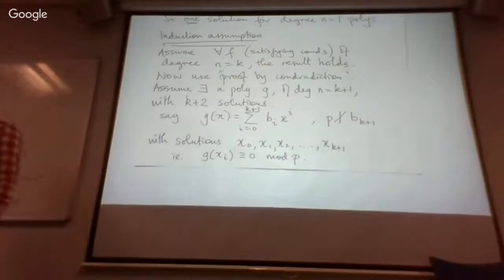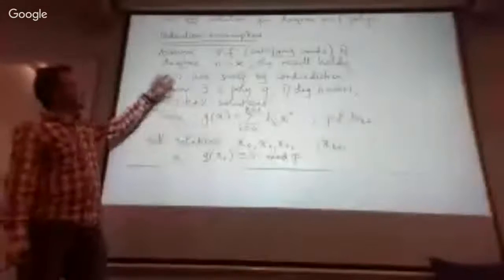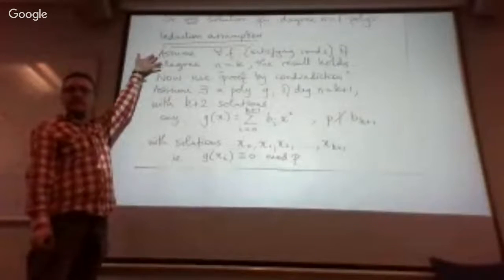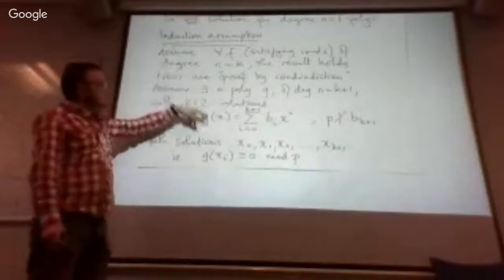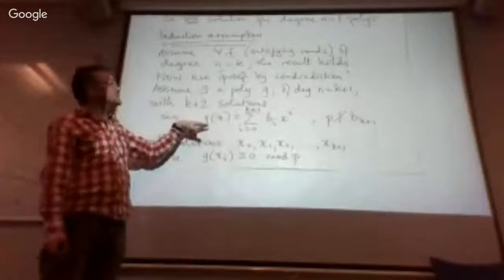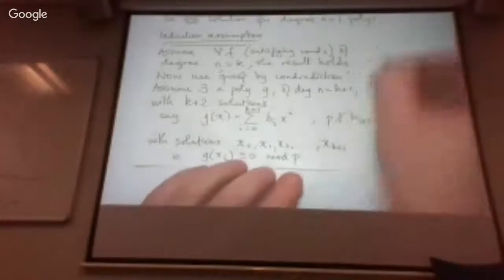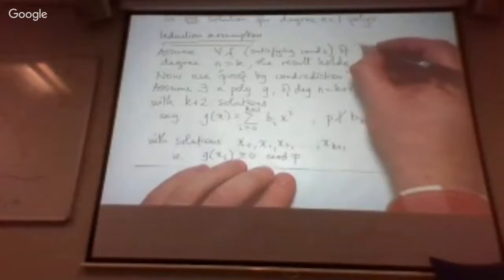Now what are we going to contradict? Where are we going to find our contradiction? Well, the place to find it is against this induction assumption we just made. We're going to prove that this g contradicts that. The structure of this proof takes a bit of digesting.